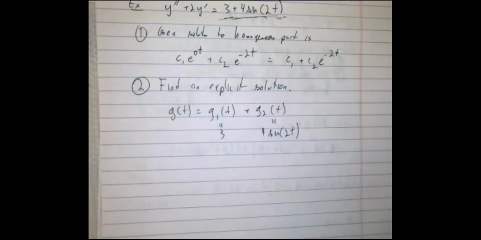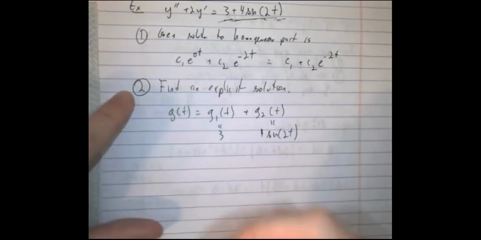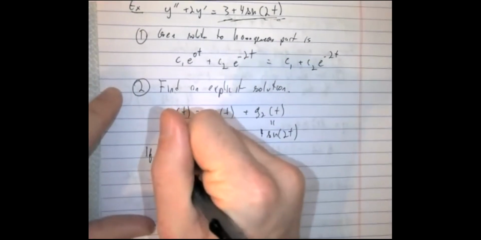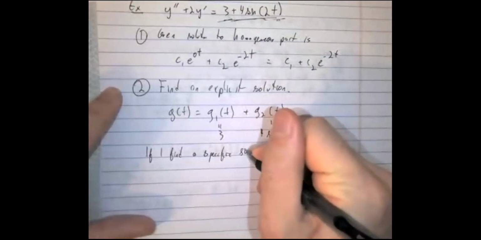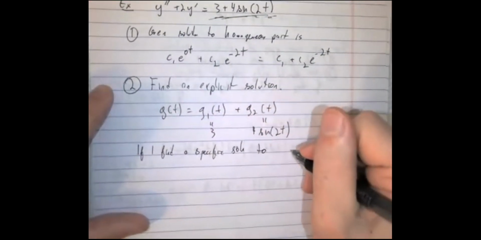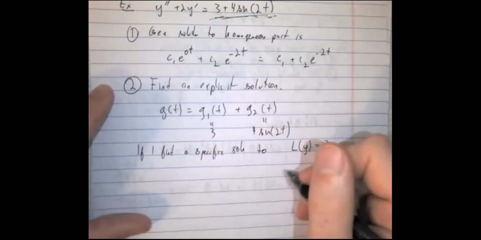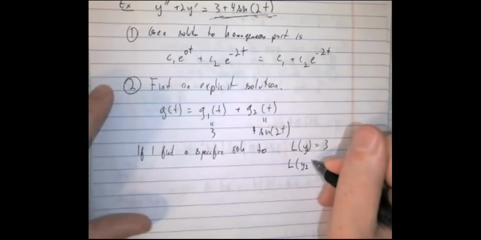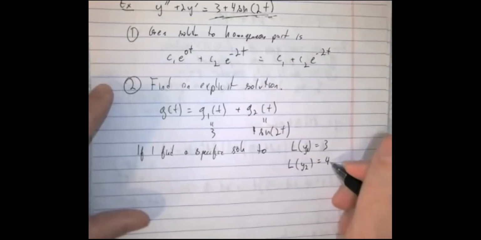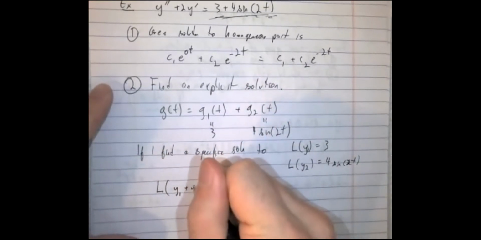The point is that I can treat these things separately, in the sense that if I find a specific solution to L of y1 is equal to 3, and L of y2 is equal to 4 sine of 2t, then what is L of y1 plus y2?